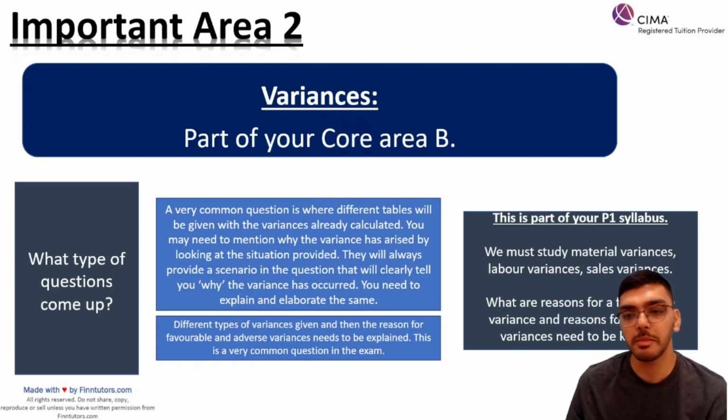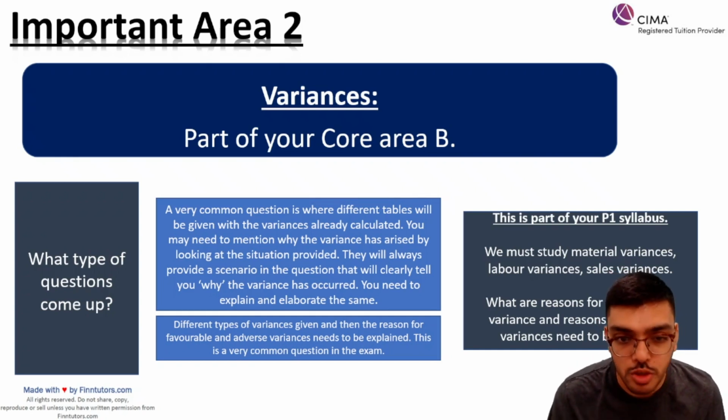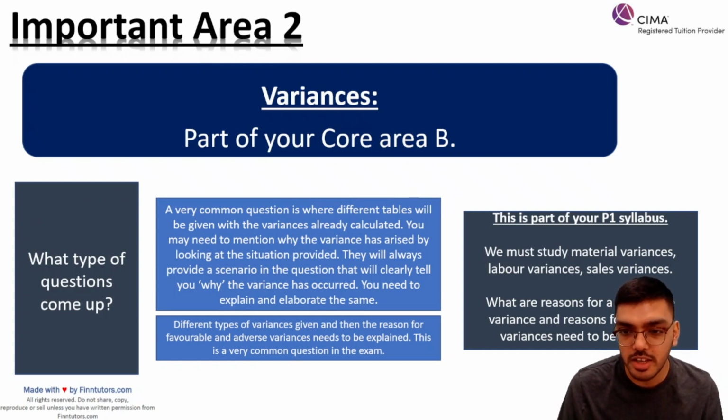Now, students tell me that variances have a lot of formulas, a lot of numbers. Do I need to remember all of that? My answer is absolutely not, because it's not a theory exam. It's not a calculation-based exam. It's an explanation-based exam.